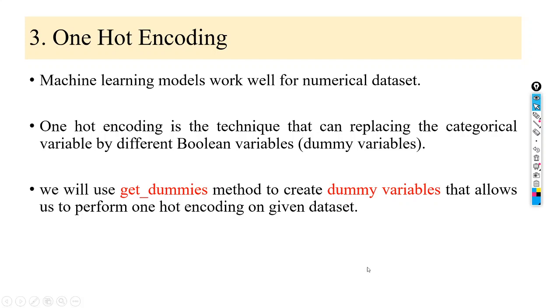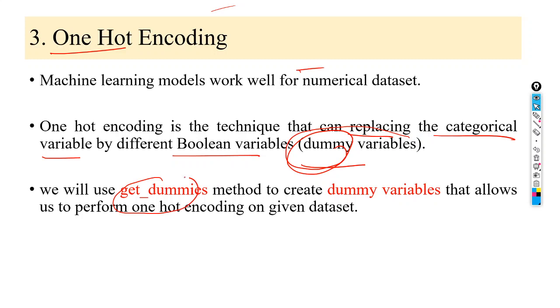So one hot encoding is a technique that can replace the categorical variables by different Boolean variables, meaning dummy variables. The dummy variables concept is introduced in one hot encoding. So we use the getDummies method to create the dummy variables that allow us to perform the one hot encoding in the data set.